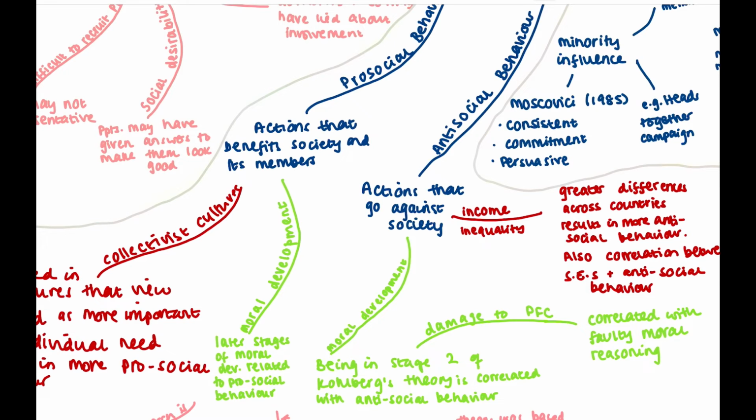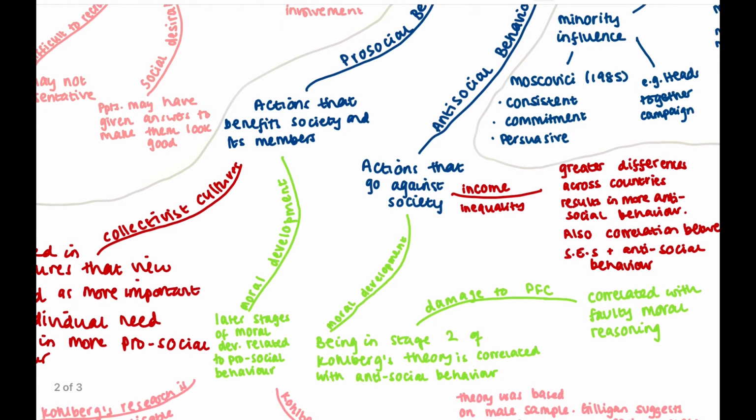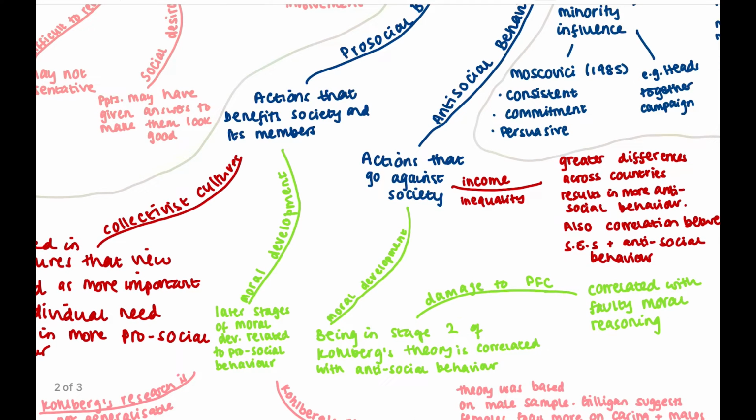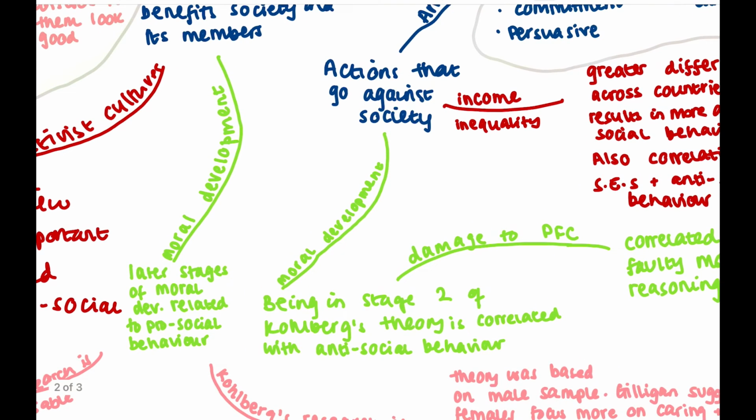If we look at the opposite, which is antisocial behaviour, I'll start with the dispositional factor again, which is moral development. As I said, there were 3 different levels in Kohlberg's theory and 2 stages within each level. Now, psychologists think that being in stage 2 of his theory is correlated with antisocial behaviour.